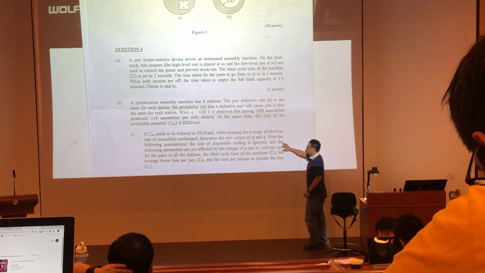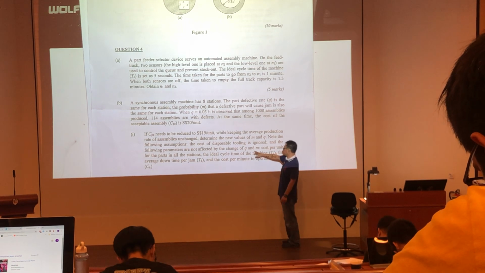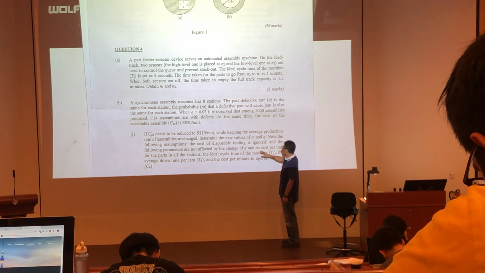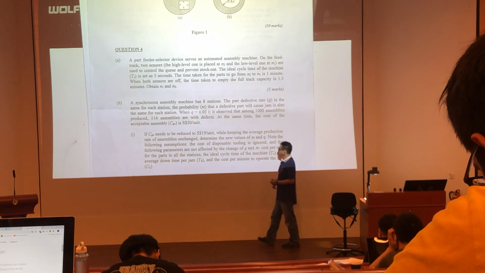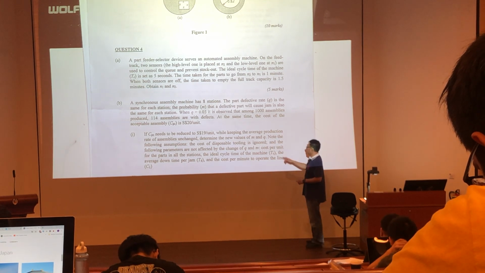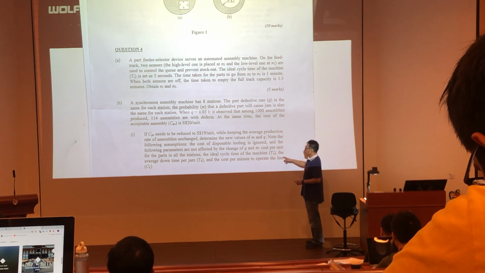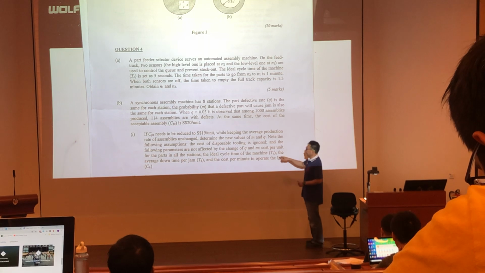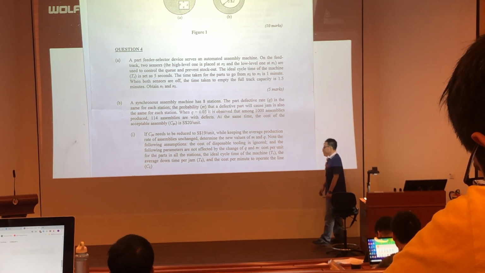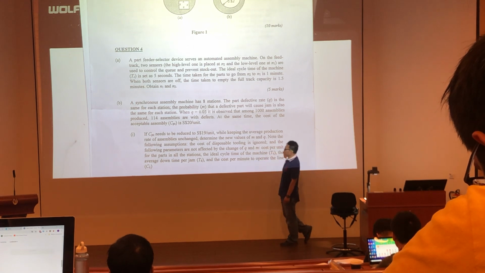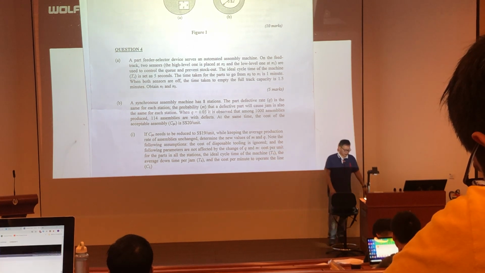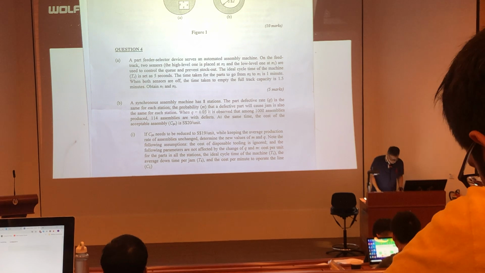And the following parameters are not affected by changes in Q and M: cost per unit per pass in all stations, the ideal cycle time of the machine TC, the average downtime TD, and the cost per minute to operate the line, CL. All of this is not affected if you change Q and M. So you need to find the new Q and M.